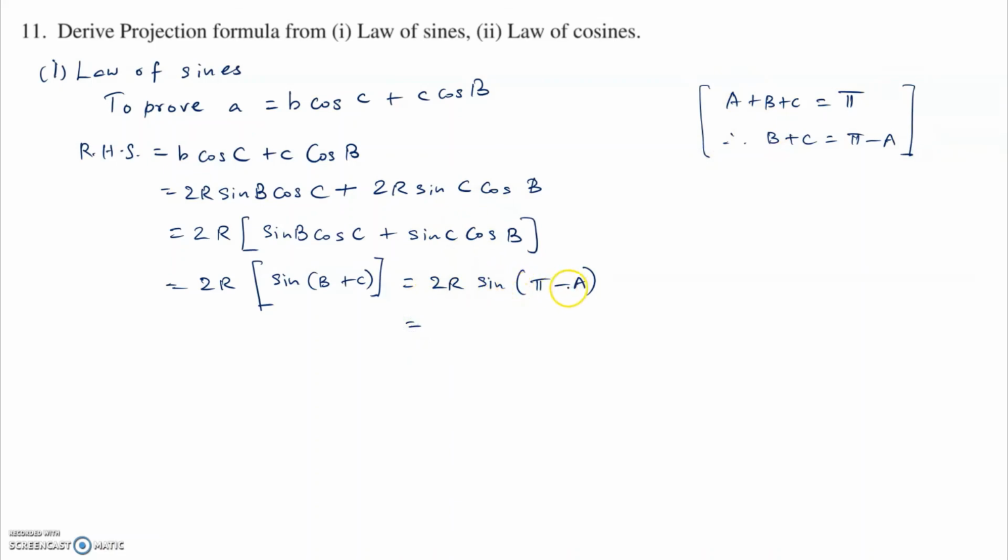So sine pi minus A is nothing but sine A. So this is 2R sine A. Again, 2R sine A is nothing but A, which is equal to the left hand side. Therefore, the proof.